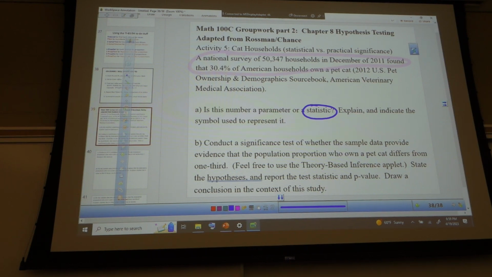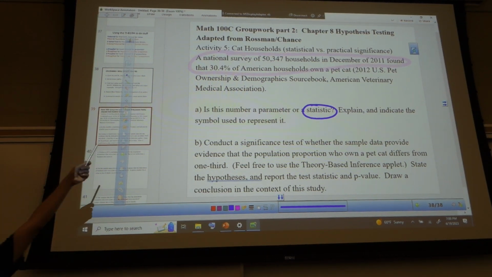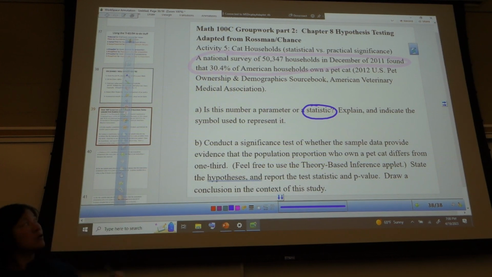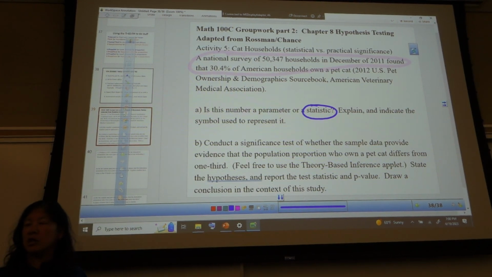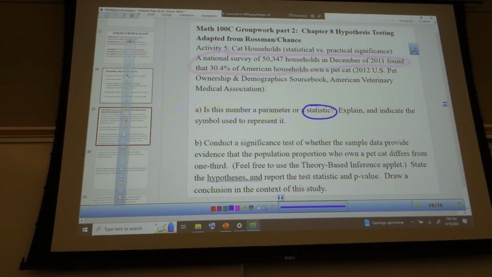All right. So what's my symbol for proportion? That's a statistic. So is it P or P hat? Why is it P hat? It's a proportion of some sort. It's a sample. Statistic is from a sample. Everybody on board with that part? So sample proportion is what?